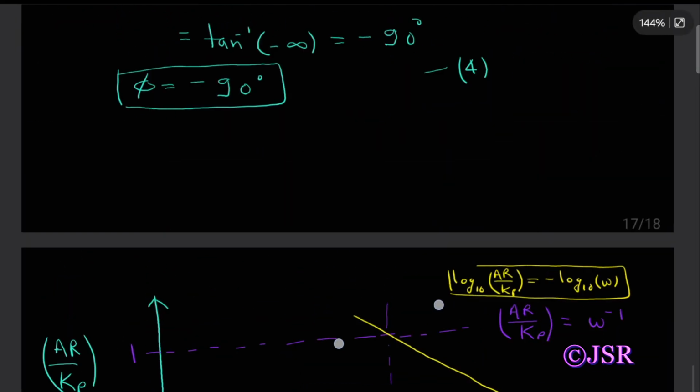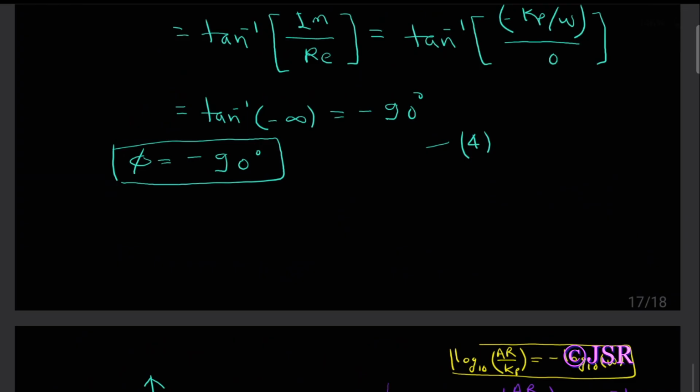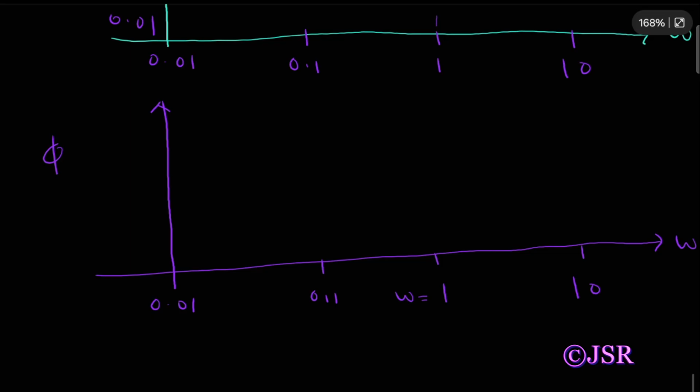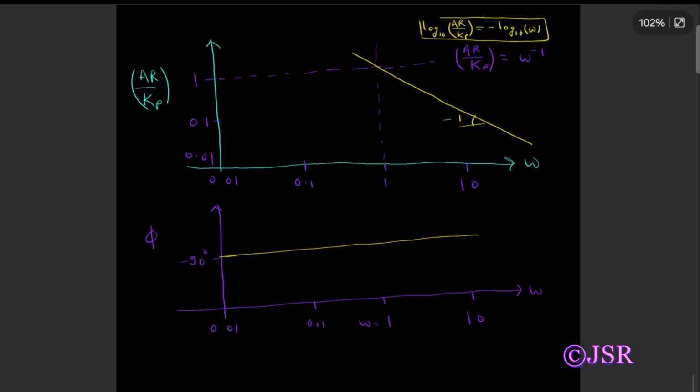From the phase expression, for all values of omega, phi will be equal to minus 90 degree. So this will be the phase plot.